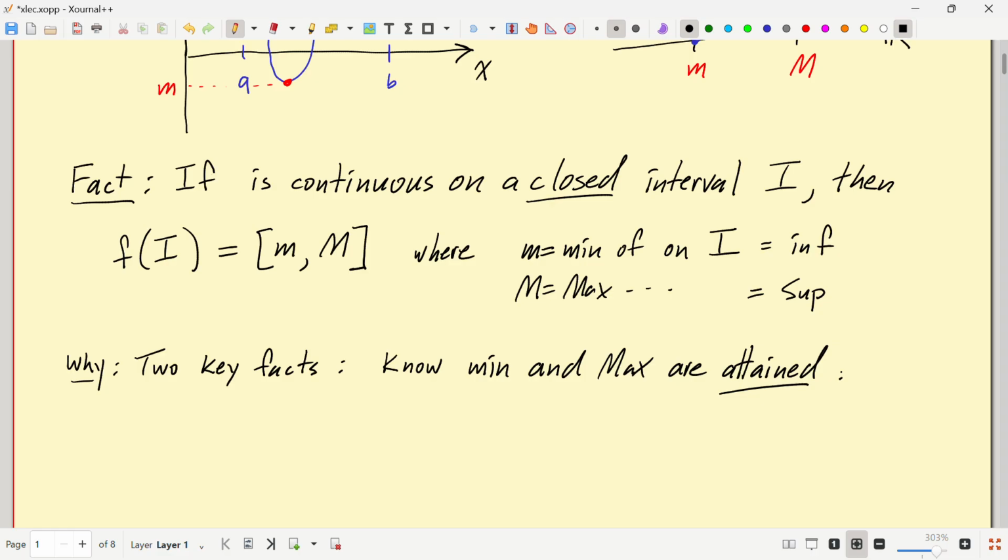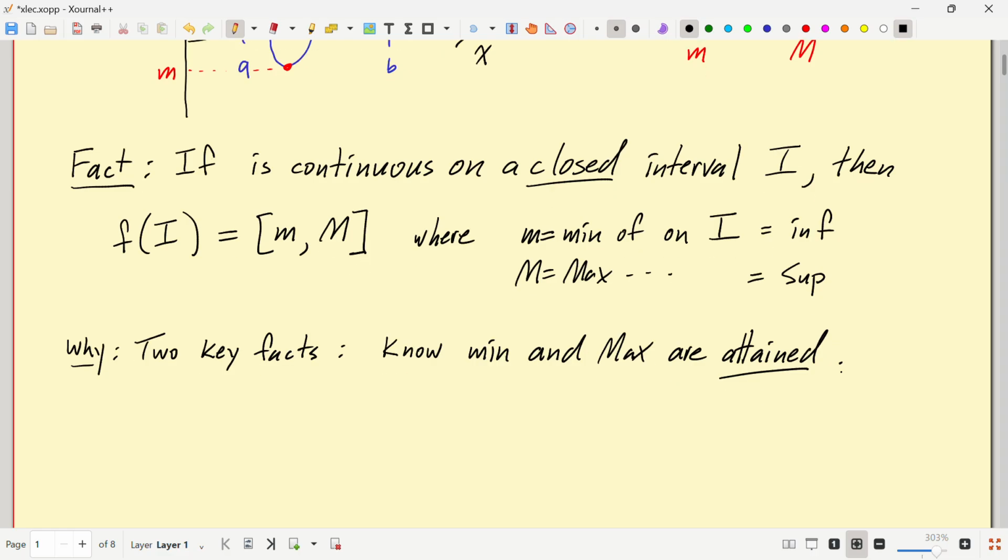So those get hit. Number one is this. Number two, the intermediate value theorem. Every value between the min and the max gets hit. That fills in the rest of the interval.